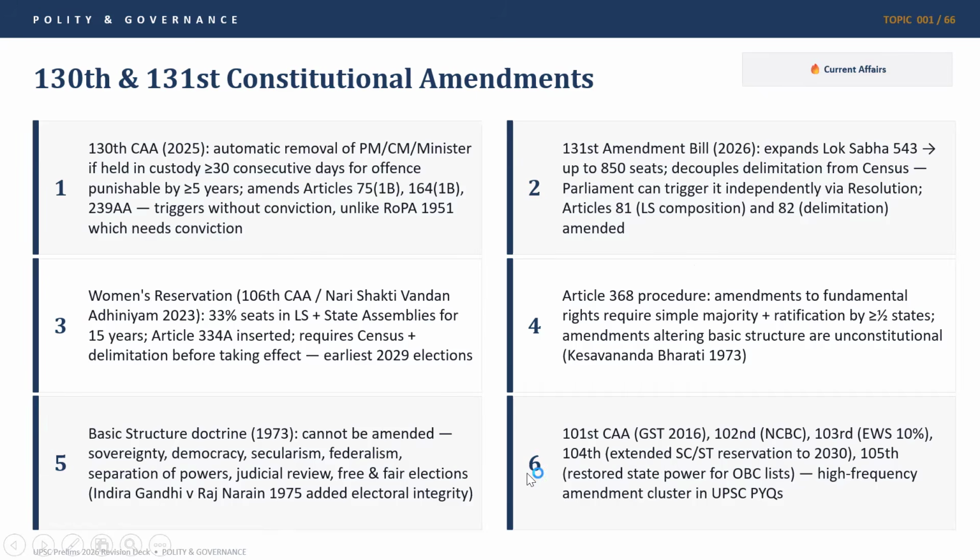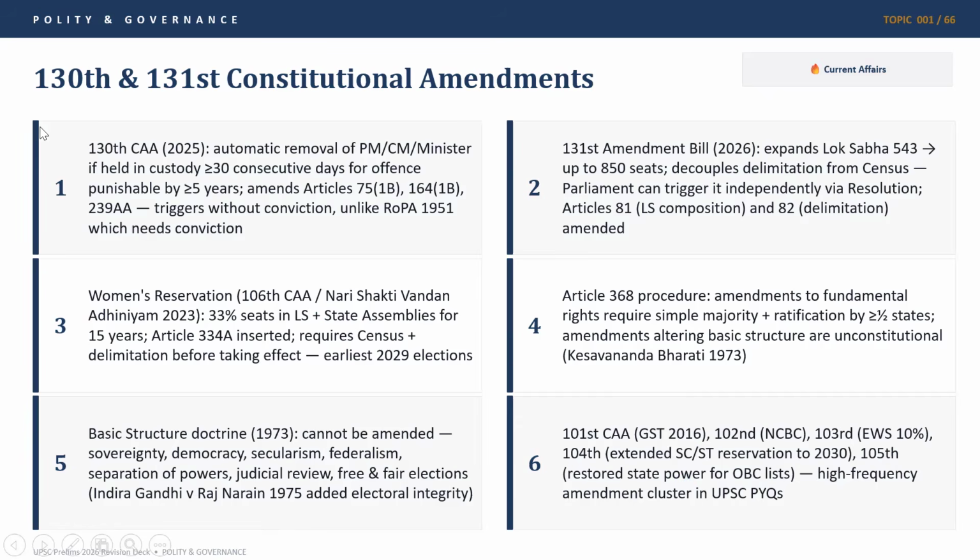Any reservation bill, be it the SC/ST reservation bill or the women's reservation bill, is always inserted for some time period into the Constitution, and then it has to be renewed once that time period is nearing its end. For women's reservation, it is 15 years. SC/ST also was renewed up till 2030. The 105th Constitutional Amendment Act restored state power for preparing OBC lists. So these are the important CAAs which you should remember, along with the 130th, 131st and 106th CAA.